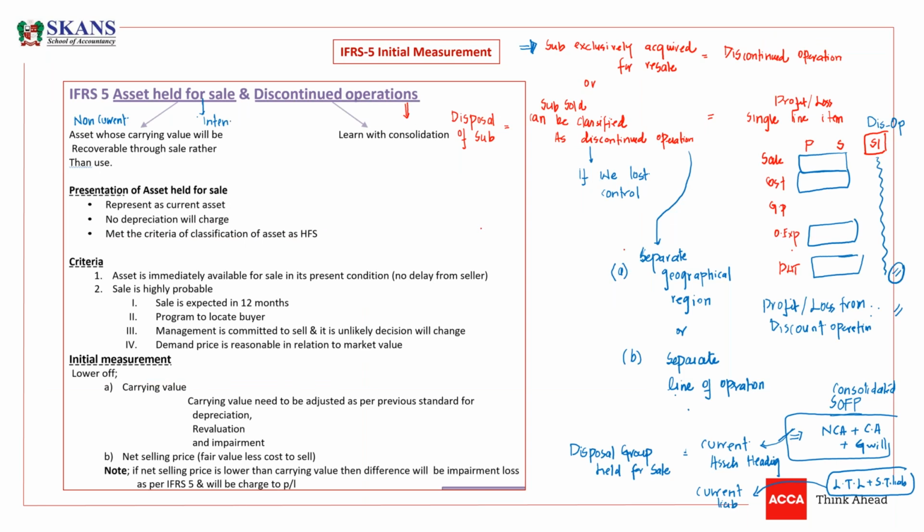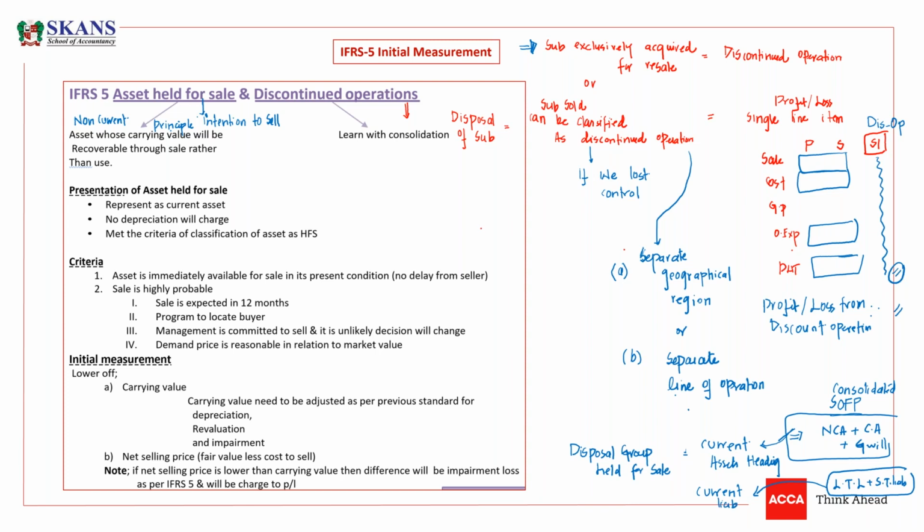So this is basically the definition of a non-current asset held for sale: a non-current asset whose principal carrying value, principal meaning majority, will be recoverable through sale rather than use. It means now you have the intention to sell that asset.